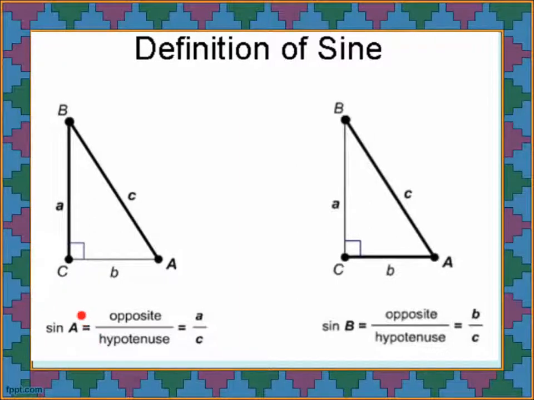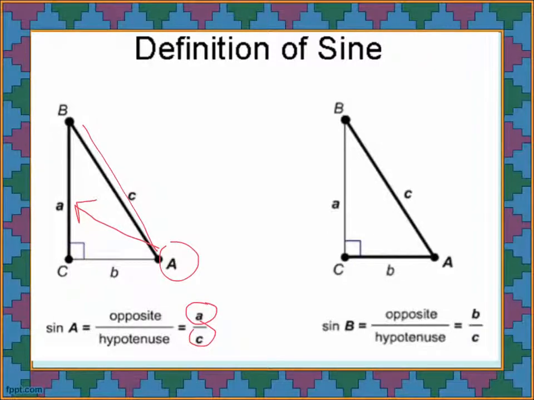So if I'm talking about sine A, I need to look from angle A. Let me highlight angle A. My opposite side is the one directly across from it, so that would be little a. And my hypotenuse is the longest side, so that would be side C. So in this particular triangle, sine of angle A equals little a divided by little c.